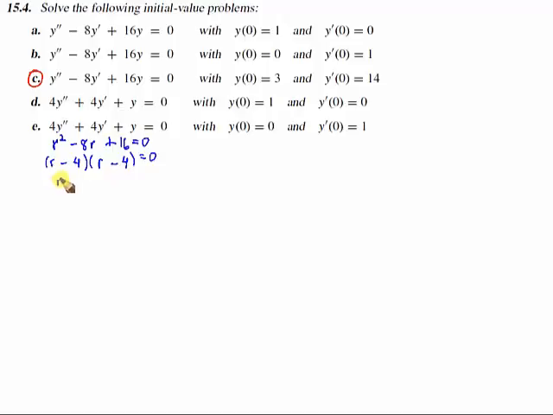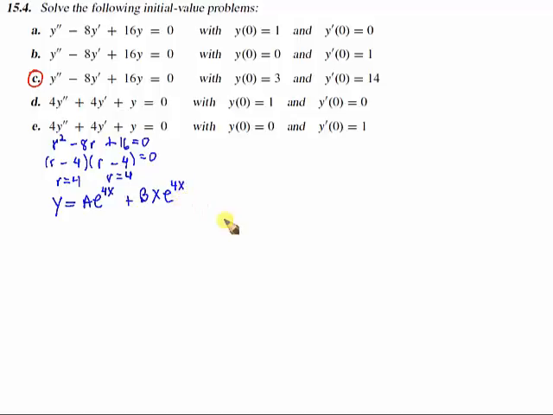So we get r equals 4 and r equals 4. So in this situation, we have duplicate roots to the characteristic equation, meaning our solution would look like this. y equals our constant times e to the 4x, and our other constant times x e to the 4x.